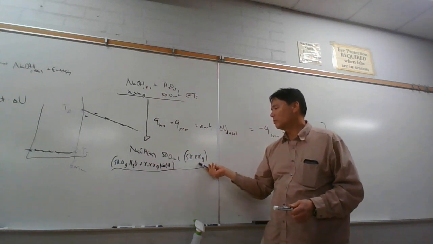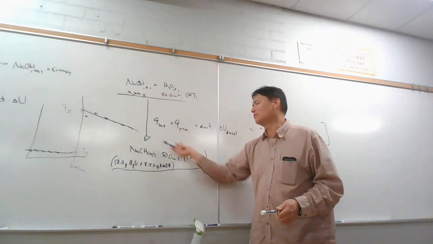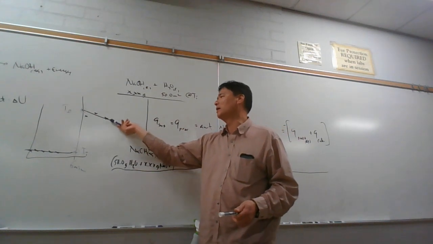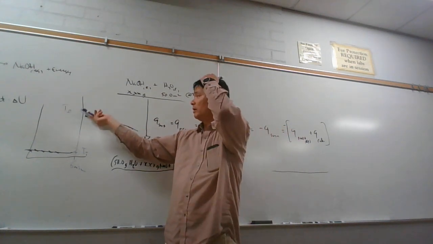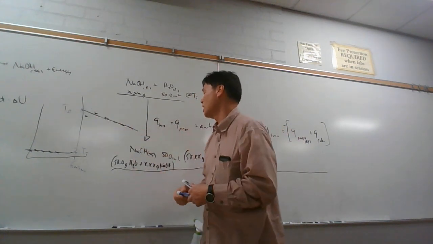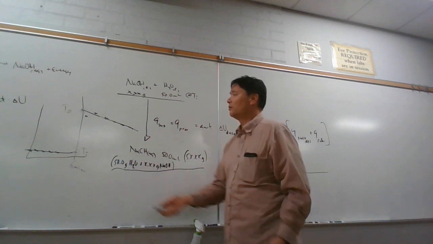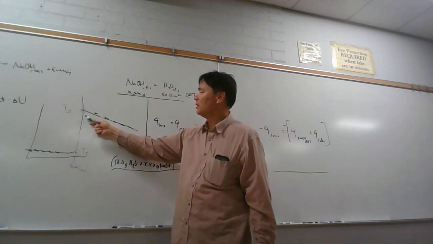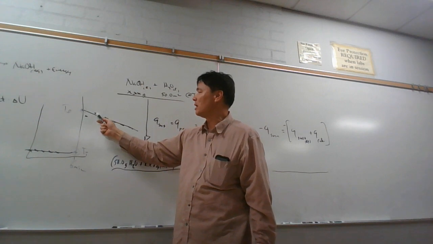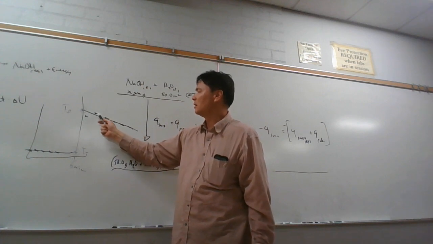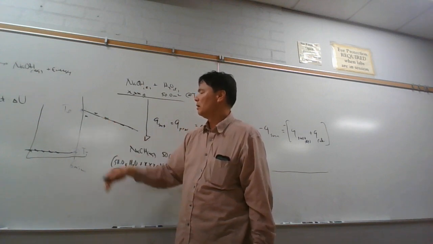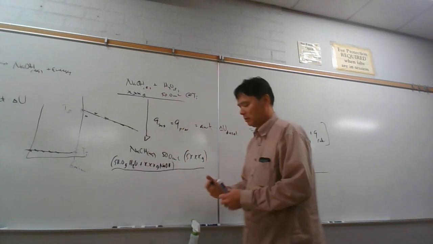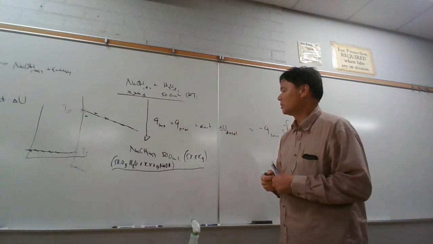And so what we're going to do is, we didn't collect all the data, but we have enough data here that we can back extrapolate to what it would have been had we mixed it in one instant of time, if we could have mixed it. What we have here is incomplete mixing. Here we have a little cold spot. Here we have a little hot spot. And so the temperature in the mixture is not completely homogeneous.